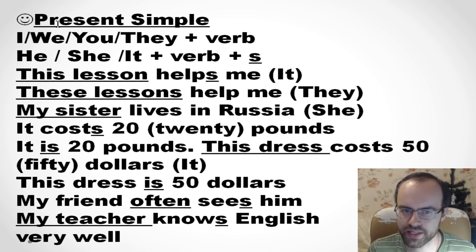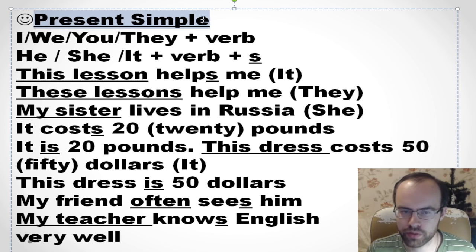Okay, so present simple, how do you form it? I, we, you, they plus verb; he, she, it plus verb plus s. Look, this lesson helps me. Why do we say helps?